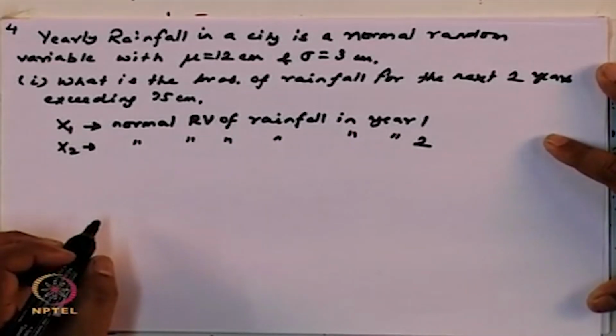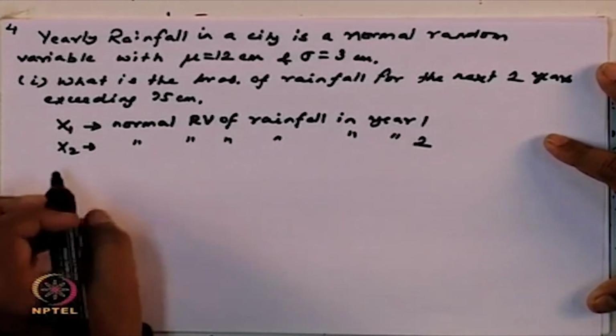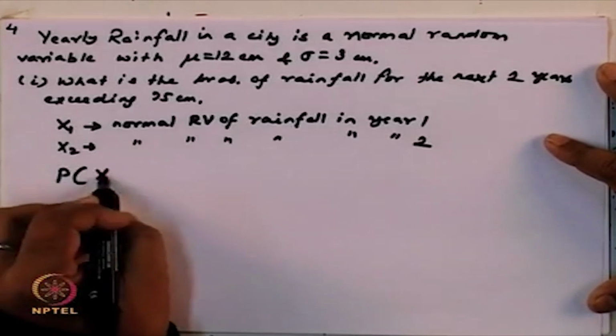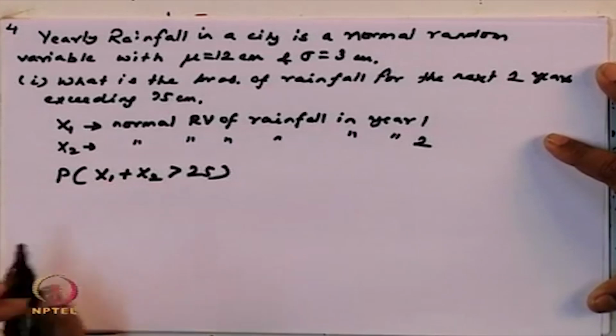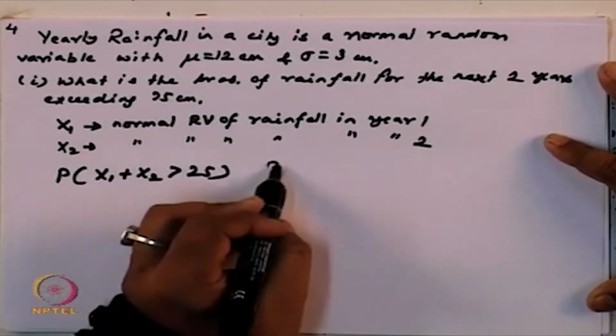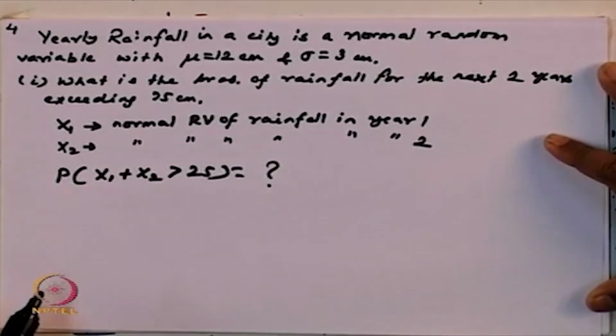What we have been asked to calculate is the probability of x1 plus x2 greater than 25.